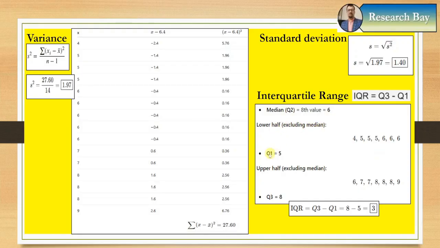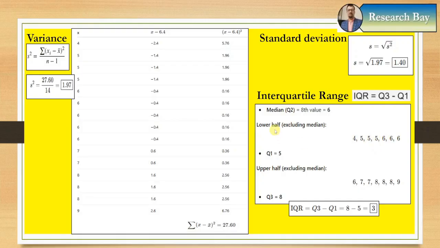How do you get this Q1, 5? It is the median of this series. You see here, 1, 2, 3, 4, 5, 6, 7, odd series, right? So in case of odd series, you see 5 is the median. It's lying in the middle. 3 are towards the left of 5 and 3 values are towards the right. So we have 5 as the median.